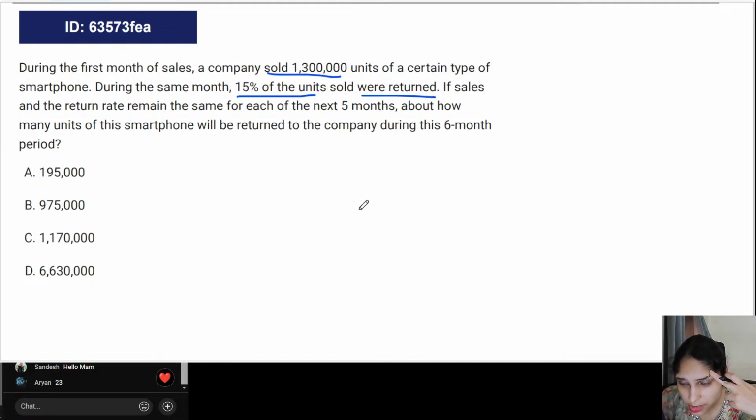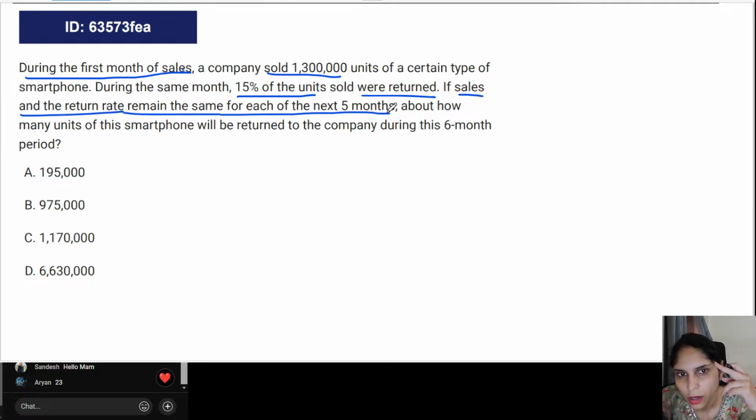If the sales and the return rate remain the same for each of the next 5 months, about how many units of the smartphone will be returned to the company during this 6-month period?